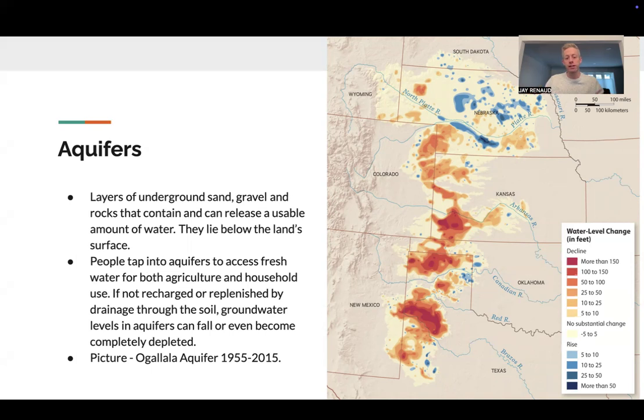Overuse of aquifers can have negative consequences. It's kind of like our extra water that we have for the future. And in drier areas in the United States, these are being overtapped.